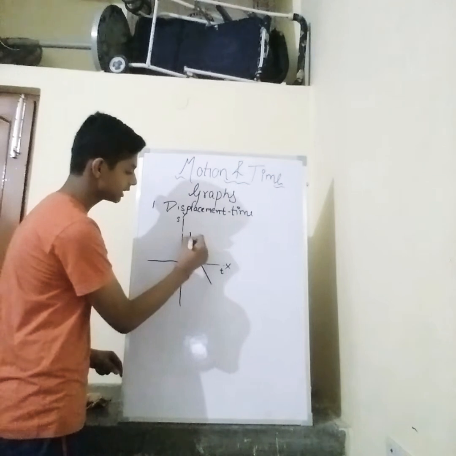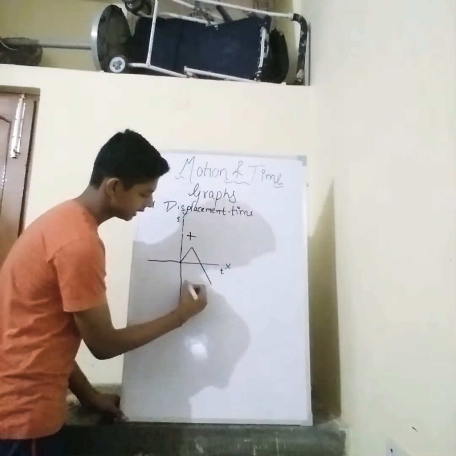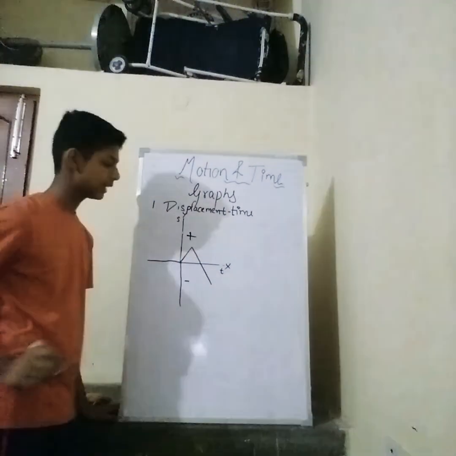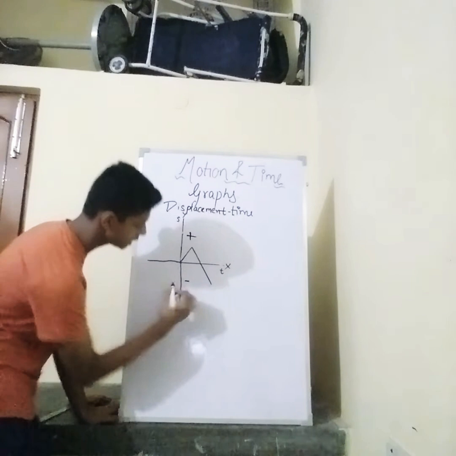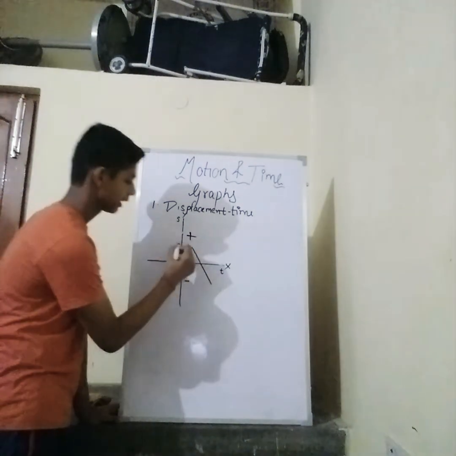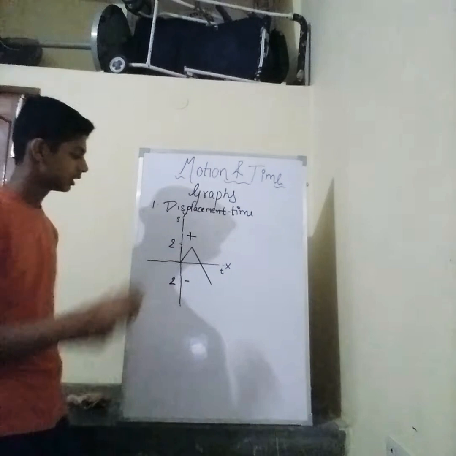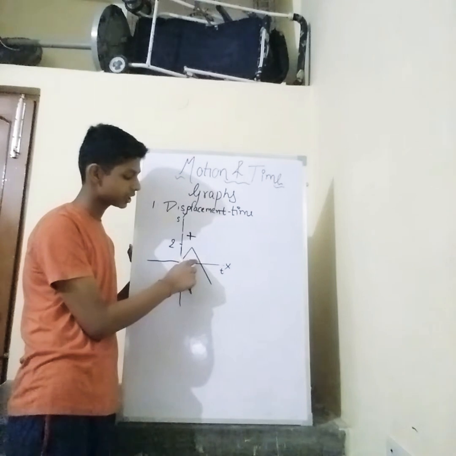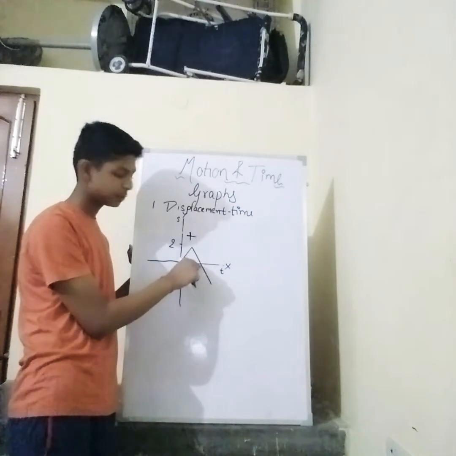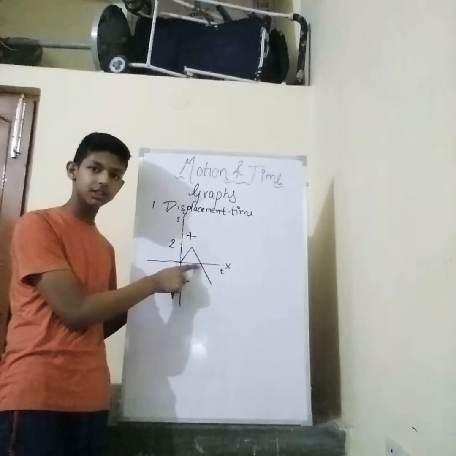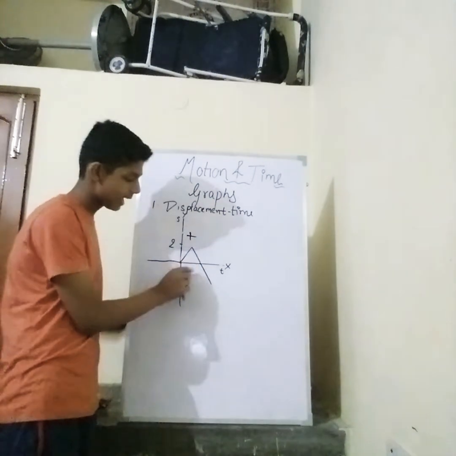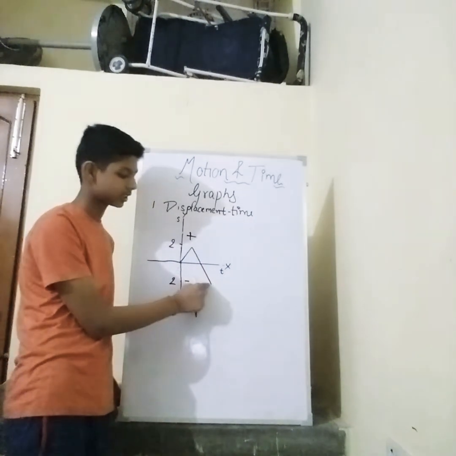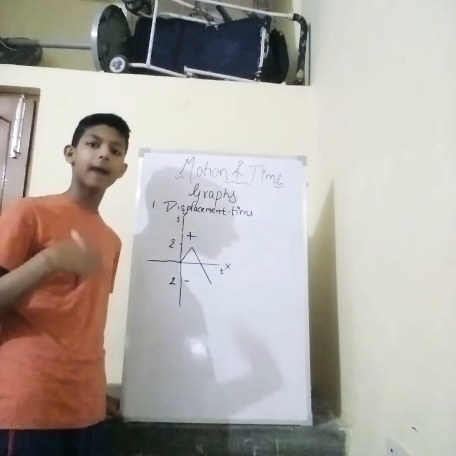This will be the positive side and this will be the negative side. Suppose here the value is 2 meters and here also 2 meters. You go 2 meters in the positive direction and then 2 meters in the negative direction. Your displacement is 0 at this point, and then you keep going in the negative direction for 2 meters, so your displacement will be minus 2 meters.